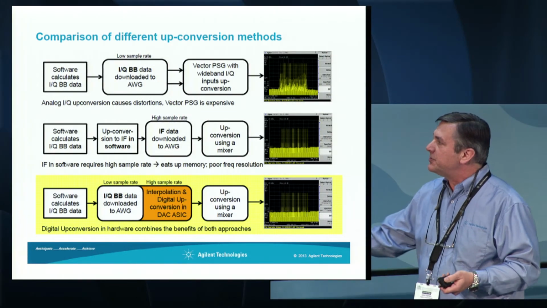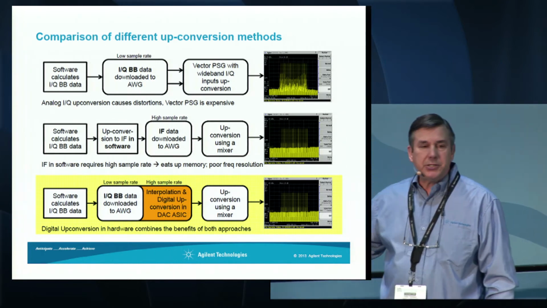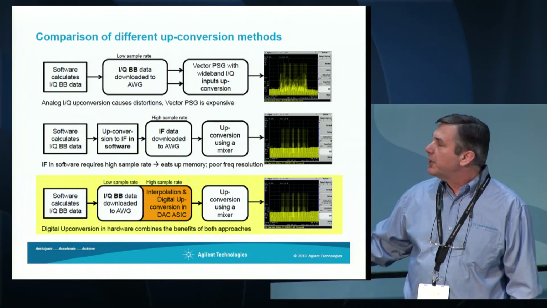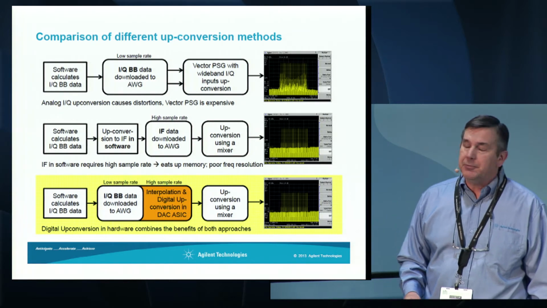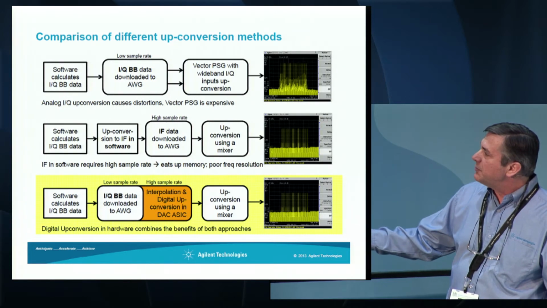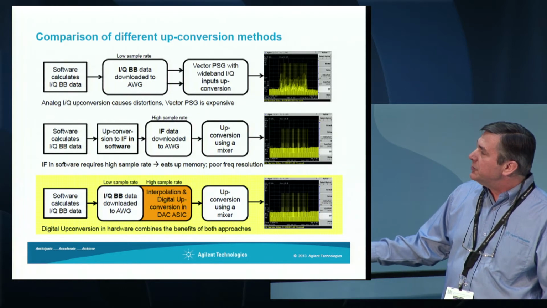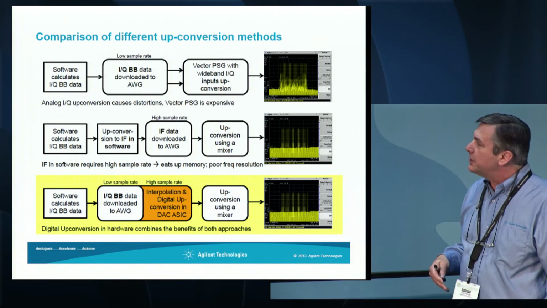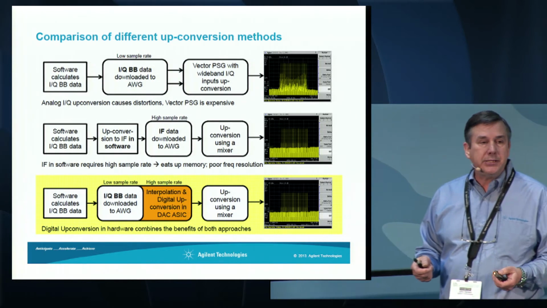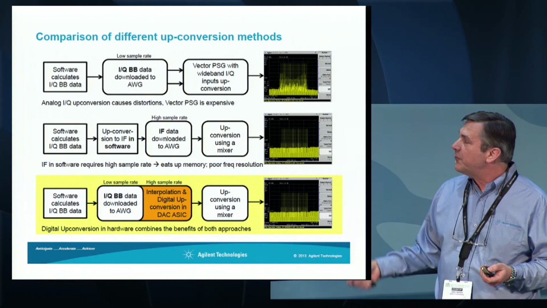There's a couple benefits to that, because you can interpolate your sample rate within the arbitrary waveform generator, perhaps to save you some waveform memory that you can't do with this methodology. And we can do this with the Agilent M8190 arbitrary waveform generator.